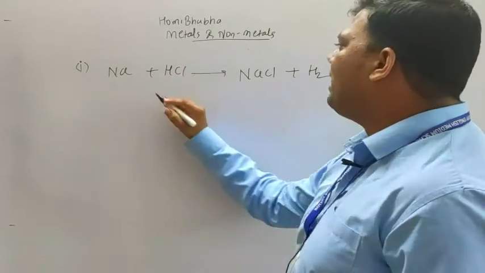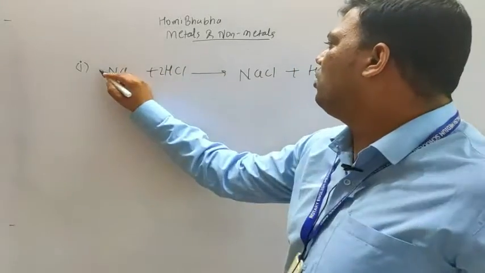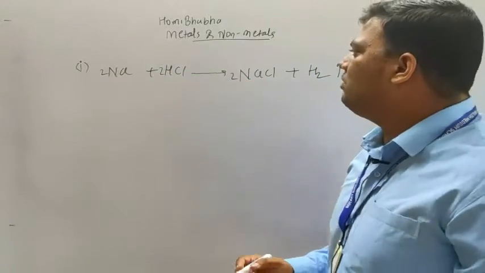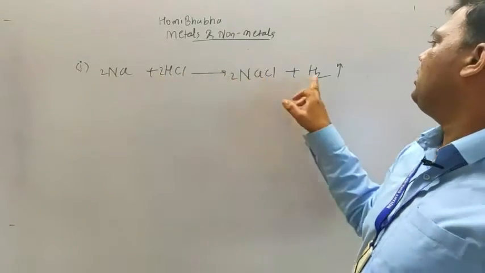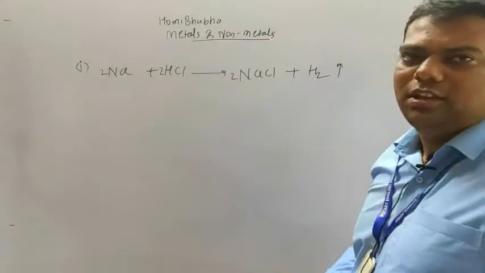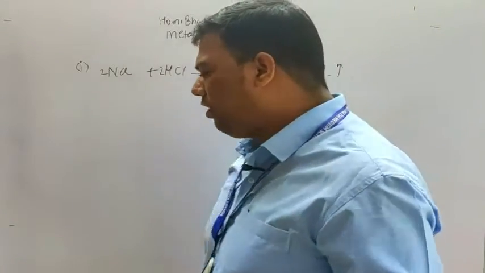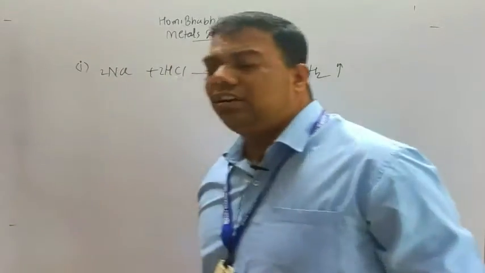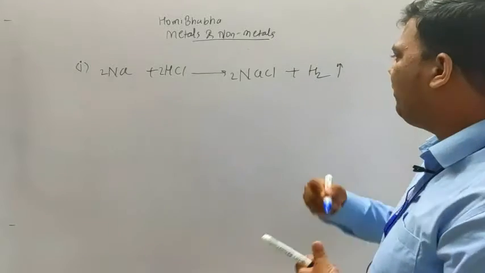For balancing, you have to take 2, so here also 2. Is the reaction balanced? 2Na, 2Na, 2 hydrogen, 2 hydrogen, 2Cl, 2Cl. Our reaction is balanced. With sodium plus HCl, the hydrogen gas is evolved vigorously.